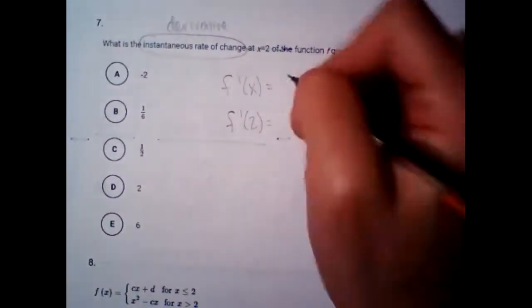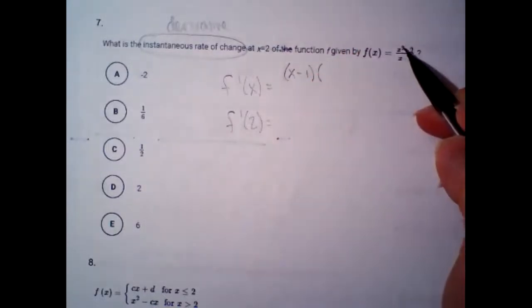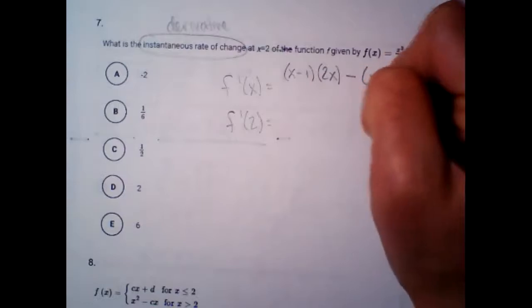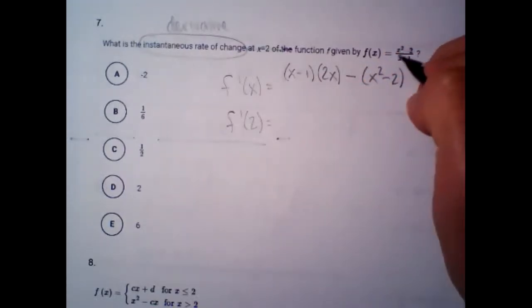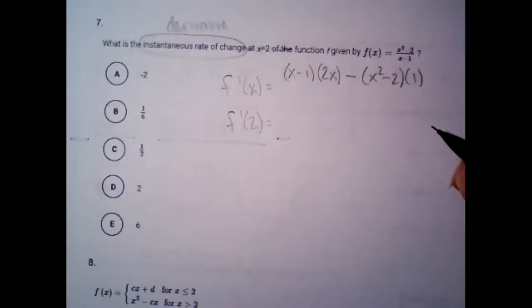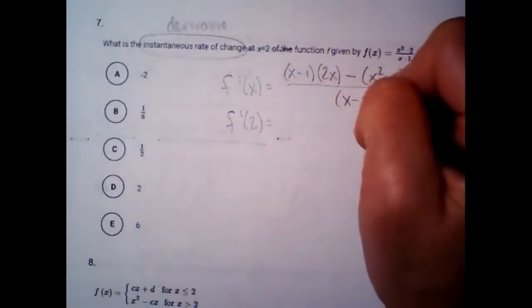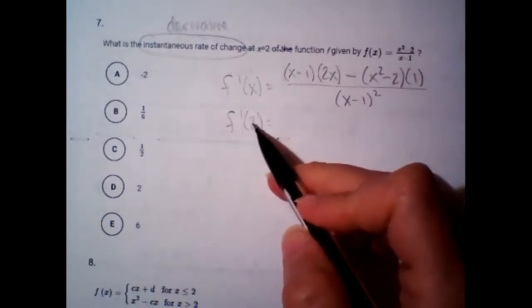So that's the denominator times derivative of the numerator, which would be 2x, minus the numerator times derivative of the denominator, which would just be 1, over the denominator squared.